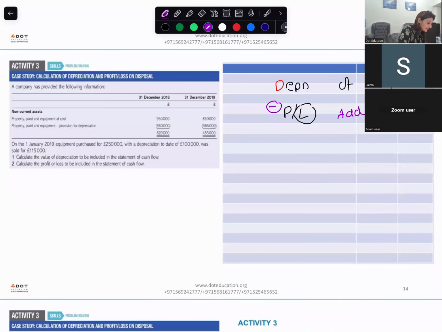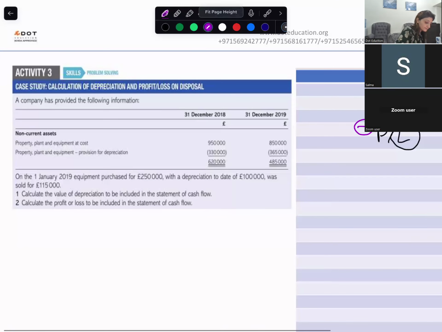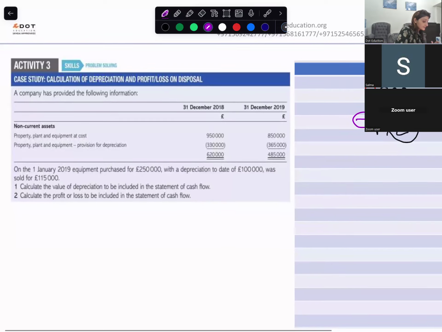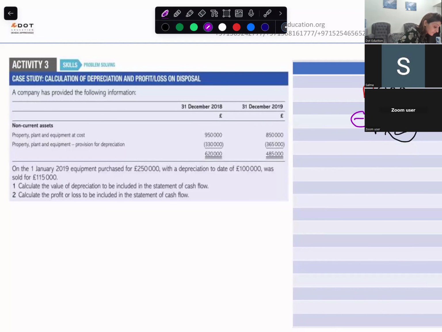Okay, fine. Tell me then, what did you get? I got 330 for depreciation. First tell me the opening. What I did was use the format for the depreciation: closing depreciation, depreciation on disposal, and then the opening depreciation.